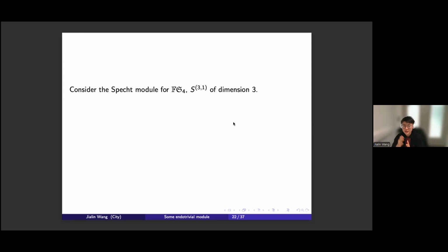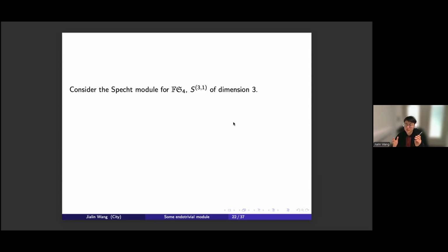The Specht modules for the symmetric groups are an important family of modules. They are defined for any Sn, and they are labeled by partitions of n. In the characteristic 0 case, these Specht modules give you all the simple modules for FSn.